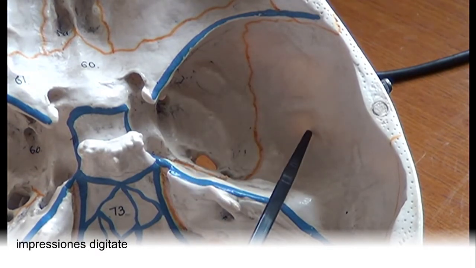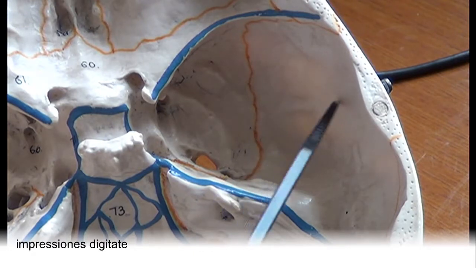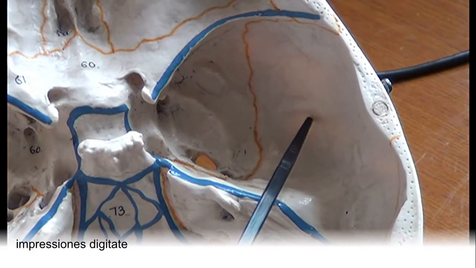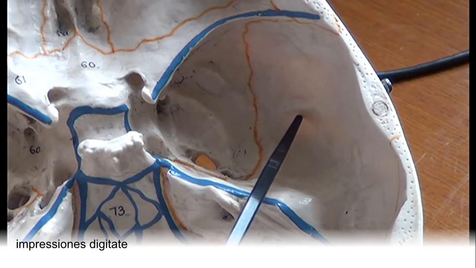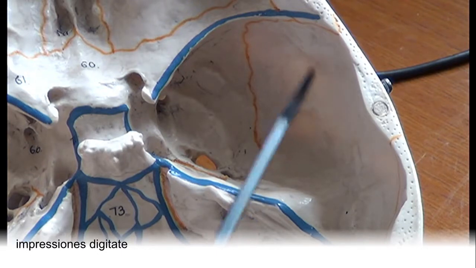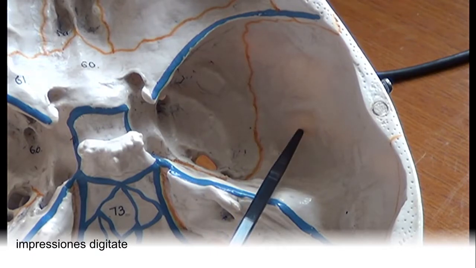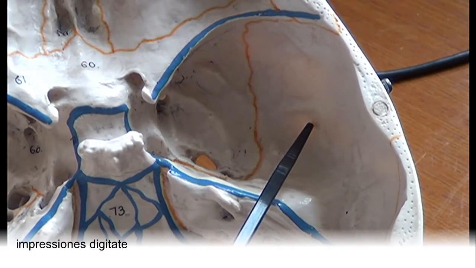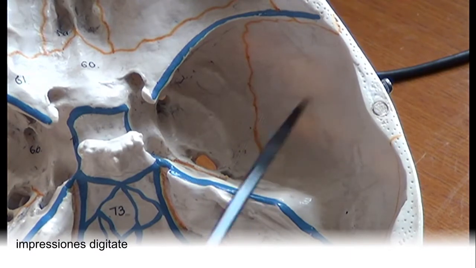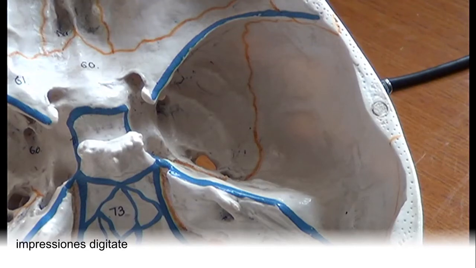When the skull ossified, all this relief of the brain was footprinted on the internal surface of the bones. So, impressiones digitatae are the footprints of the gyri of the brain.